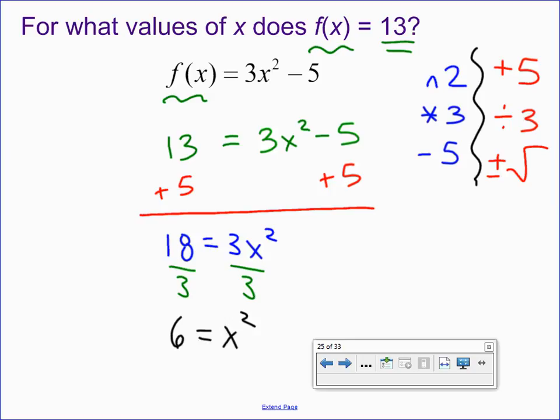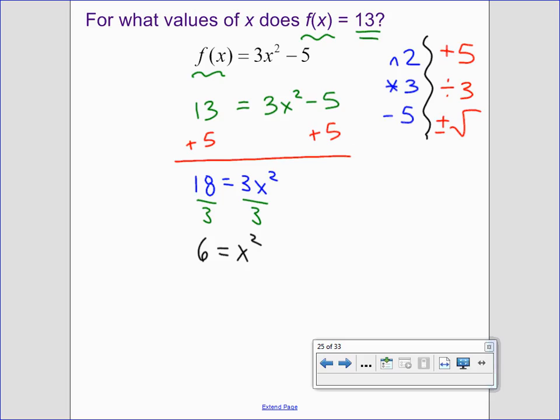Last solving step, take the positive and negative square root. That is, if x squared equals blah, then x is given by the positive and negative square root of blah. In this case, x squared equals 6, and so x will be given by the positive and negative square root of 6.